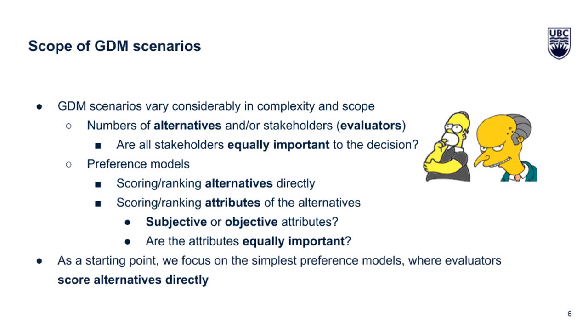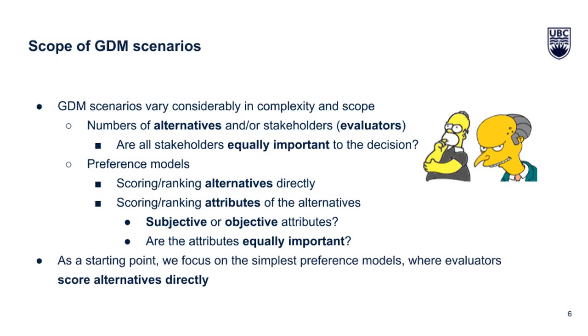For relatively simple decisions, it may be sufficient to simply score or rank each alternative directly. For more complex decisions, such as choosing the best paper at a conference, it may be preferable to consider the alternatives in terms of attributes, such as the novelty or potential impact of the work. Attributes may be subjective, such as a paper's writing style, or objective, such as whether an evaluation was performed in the paper.